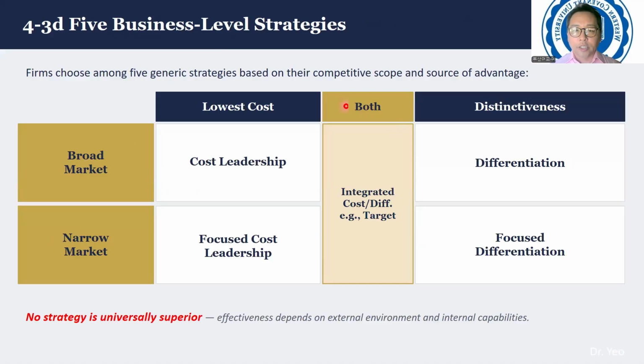Here's the heart of chapter 4 of the textbook, and week 6 of our schedule. The five business level strategies are mapped in a simple 2x2 matrix, plus one in the middle.